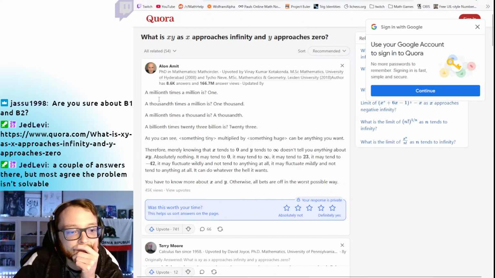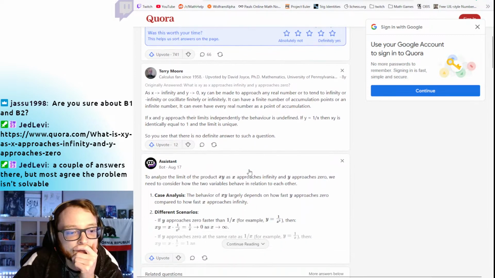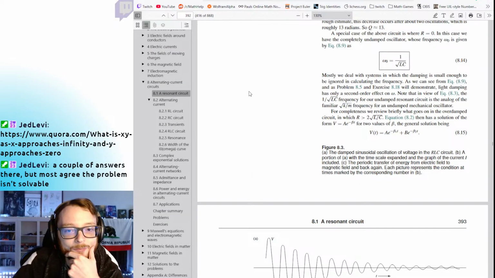This feels like it tracks. And so that's why I'm thinking that either I made an error like Jasu is suggesting, or I'm thinking about it wrong. Just say 42 and be done with it, true.